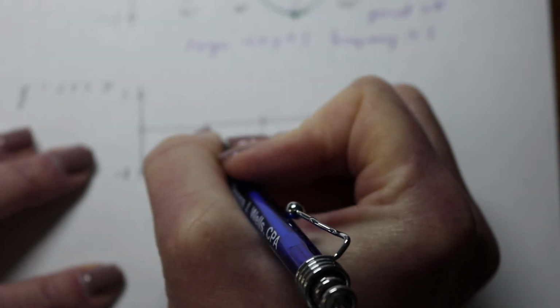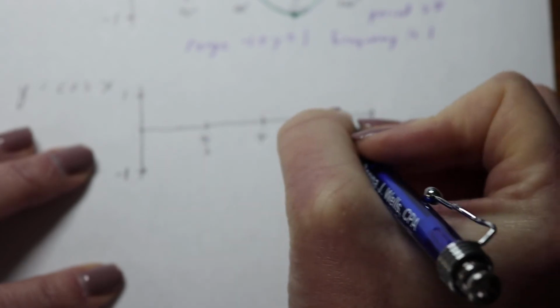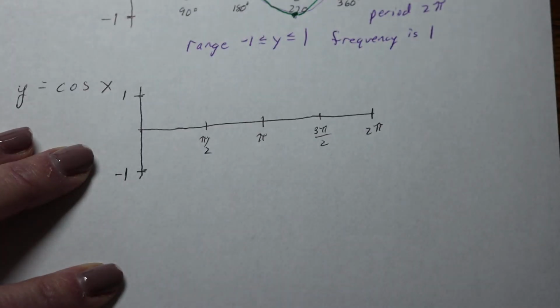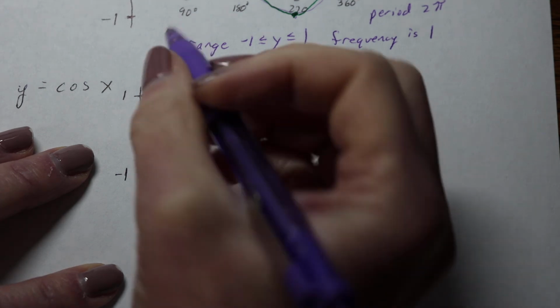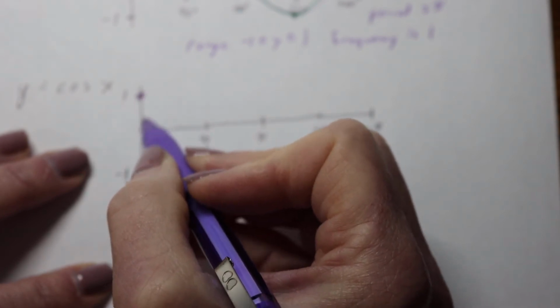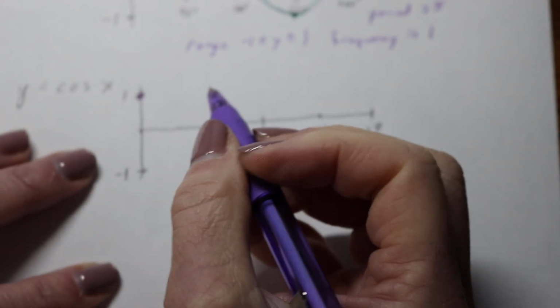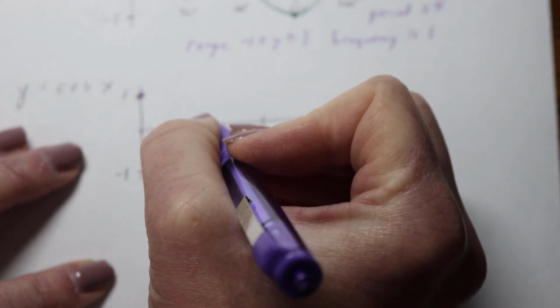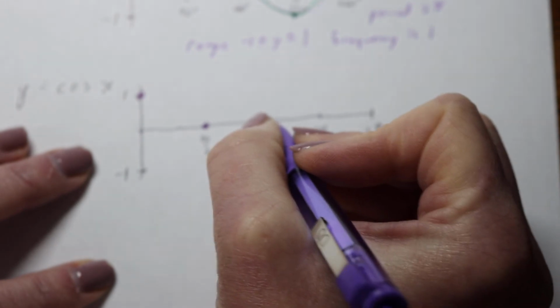I'm just going to do this one in radians. Cosine starts at 1. So again, sine started here, cosine starts here, and that's going to be a lot of times the only clue you have of knowing which graph you're working with. So cosine will cross the axis at pi/2.